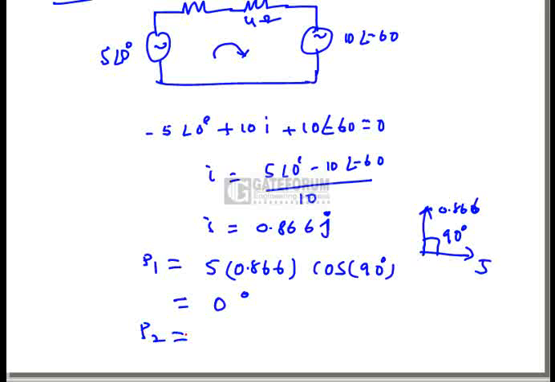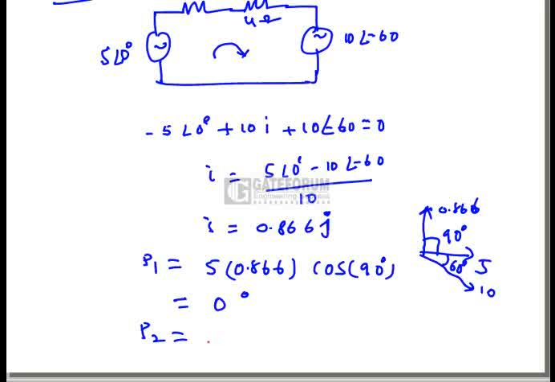Now coming to the power delivered by source 2. What is the relationship between the voltage 5 at an angle 0 and 10 at an angle minus 60? The second voltage lags by 60 degrees. The power delivered is V1 I1 cos phi.